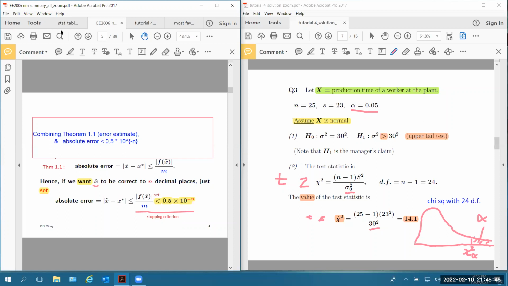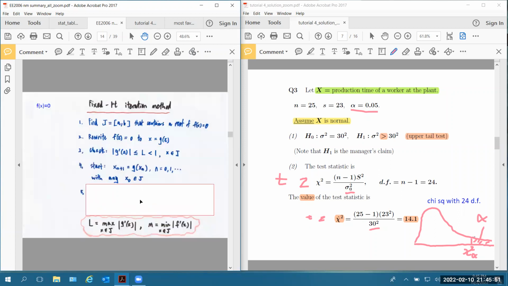Now if we go to our method, I see here this step number 5 is actually the stopping criteria. Here I give a specific case: suppose I want it correct to 3 decimal places.